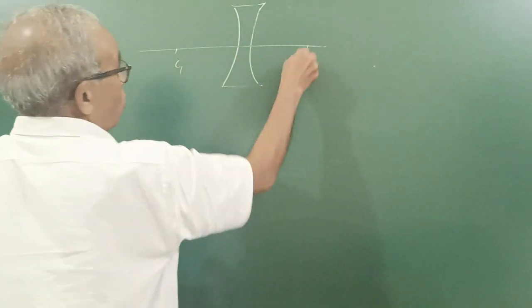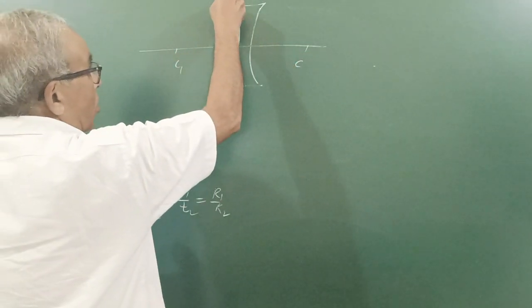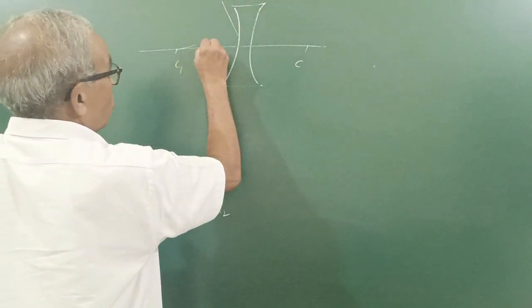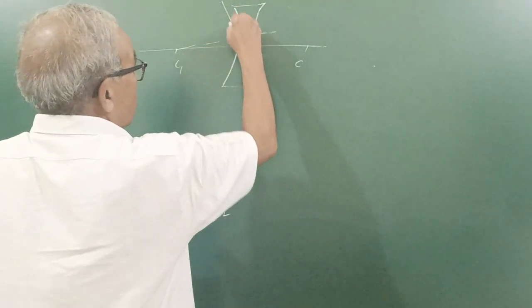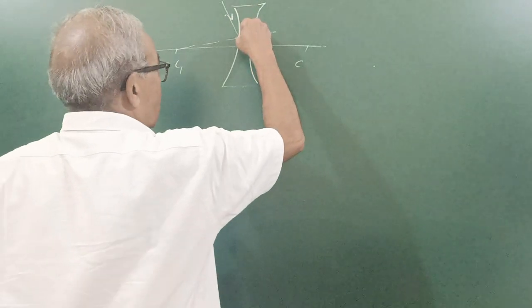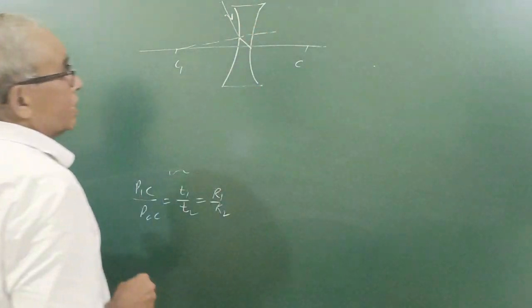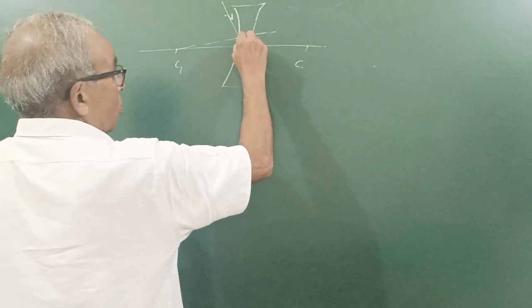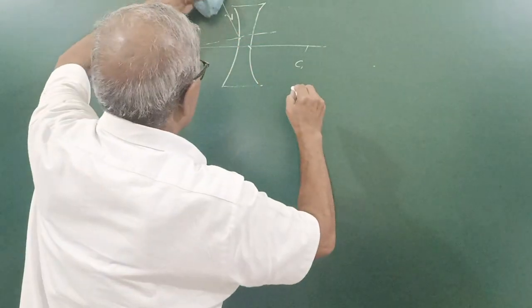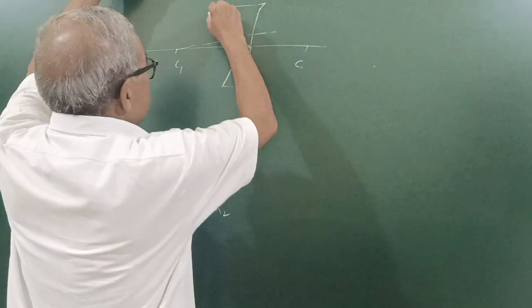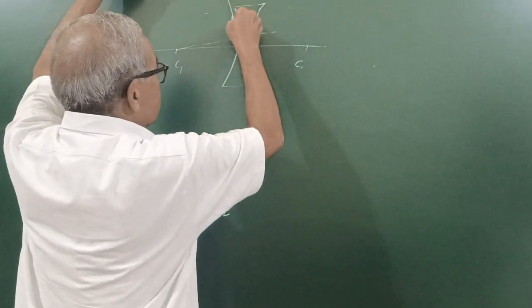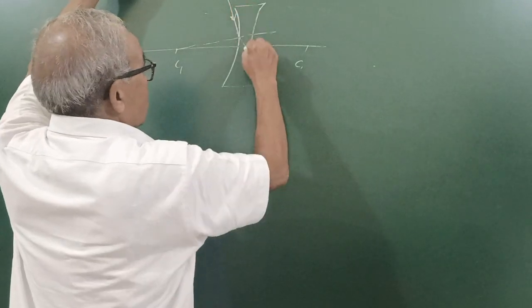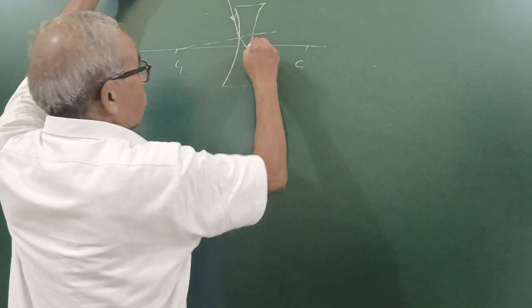C1, C2. The ray falls like this. This is the normal here. So this ray will bend a little toward the normal.